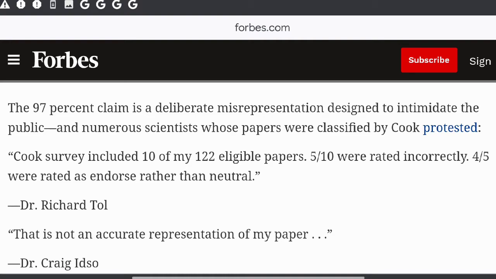This is important. Cook's survey includes 10 of my 128 eligible papers. This is by a guy called Richard Tol. 5 out of 10 were rated incorrectly. 4 out of 5 were rated as endorsed rather than neutral.